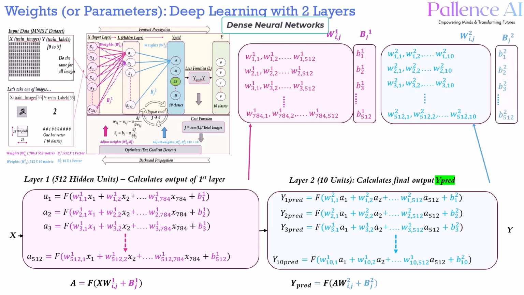If we want to see the total number of parameters, for the first set of weights, W1, it's a 784 by 512 matrix. So we have 784 times 512 plus 512 for the bias terms, which gives a total of approximately 401,920 parameters for this first set of weights. Similarly, for the second set of weights, W2 is a 512 by 10 matrix, so 512 times 10 plus 10 gives 5,130.